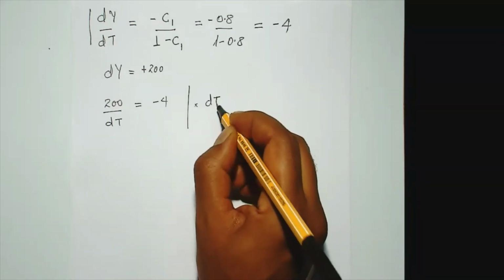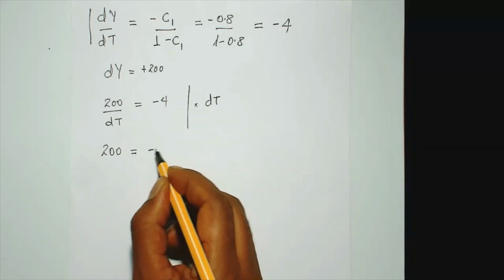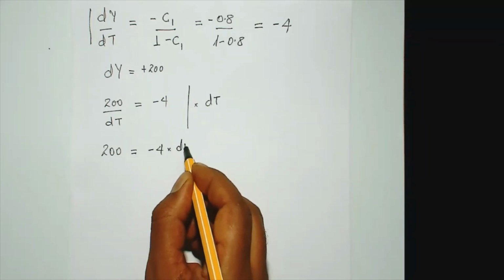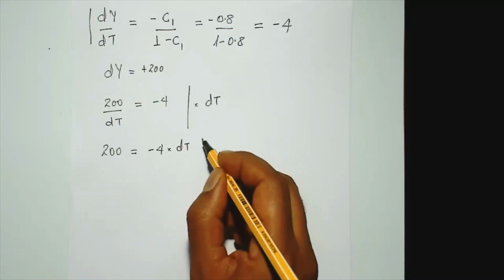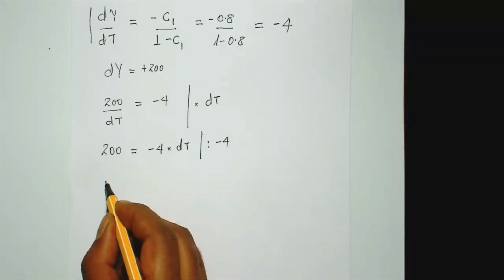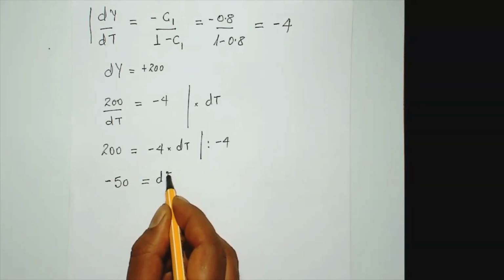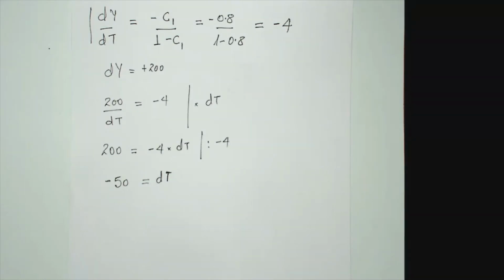If I multiply both sides by change in tax, I would have 200 is equal to minus 4 multiplied by change in tax. If I divide both sides by minus 4, I would have minus 50 here, and I would have here the change in tax amount.